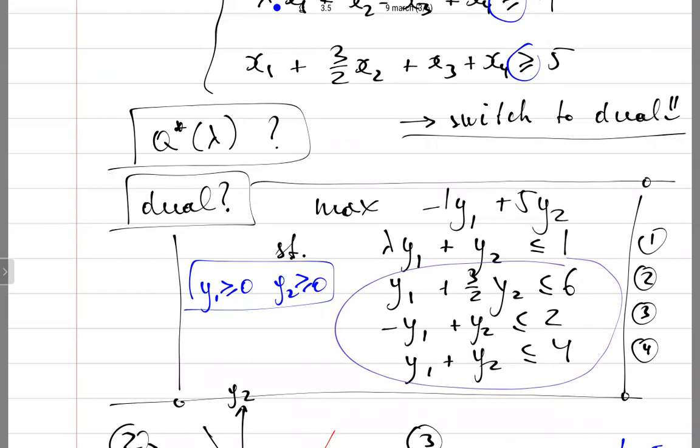They are less or equal than 0. So we have changed sign twice. We changed minimization to maximization, one change, and every inequality of type greater than 0 we have switched to less than 0. So we switched the sign twice, and that's why lambdas in both problems should be non-negative.